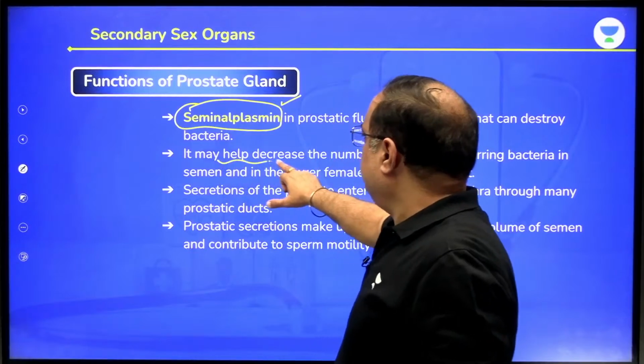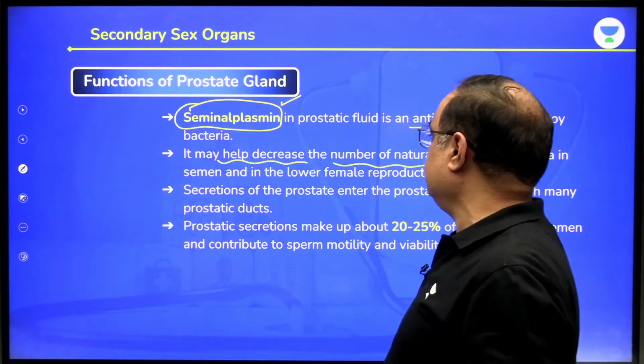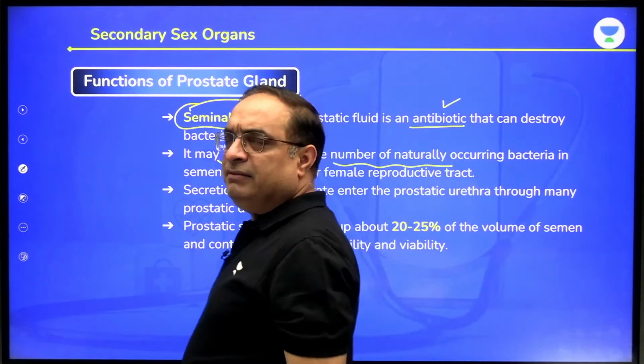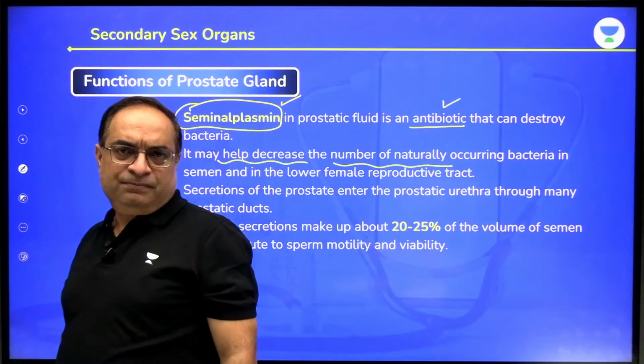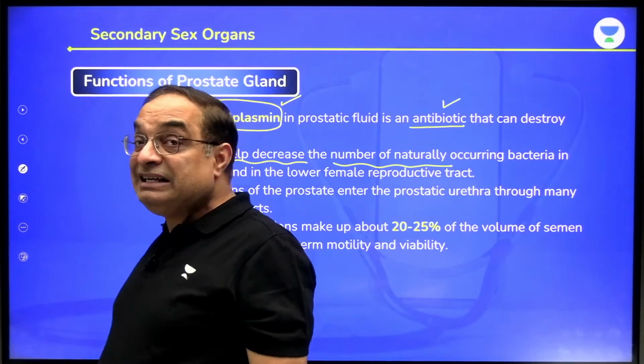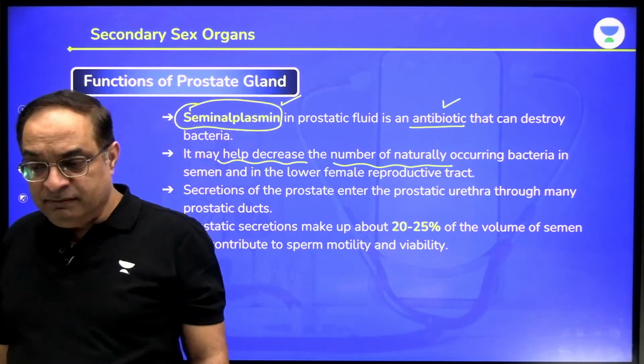It may help to decrease number of naturally occurring bacteria in the semen as well as in the lower female reproductive tract. Semen may naturally have certain bacteria in it and that can damage the sperm. So, seminal plasmin kills those bacteria and also the bacteria in the female reproductive tract.